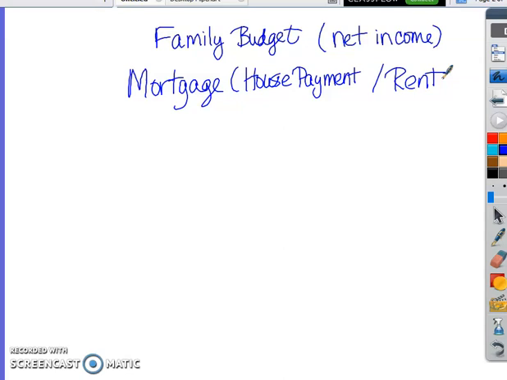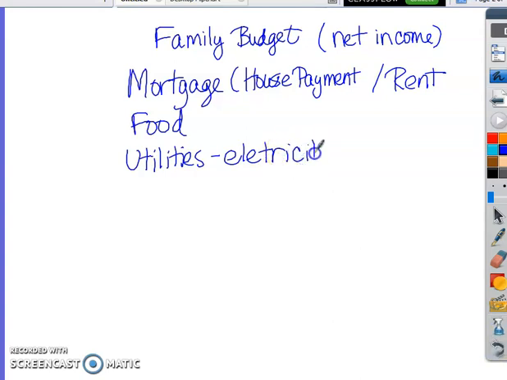Hopefully you have things like, you know, you're going to need food, right? We're going to need utilities, and utilities is a fancy word for electricity. Remember, that's a variable expense that changes month to month.